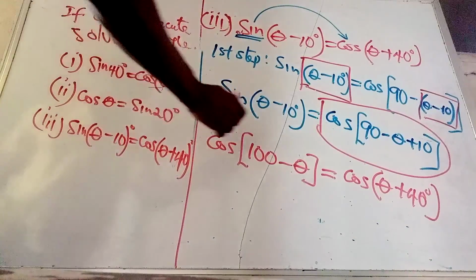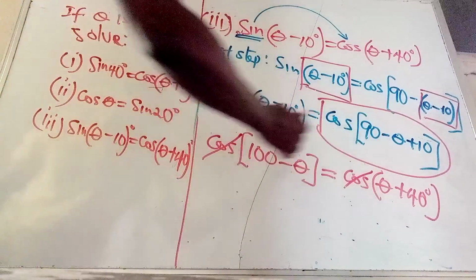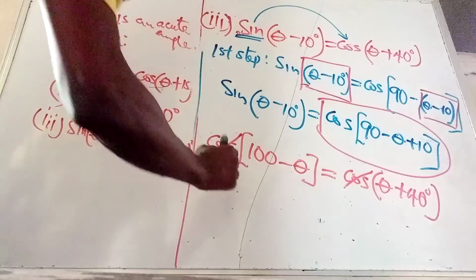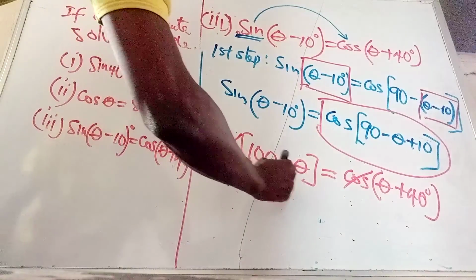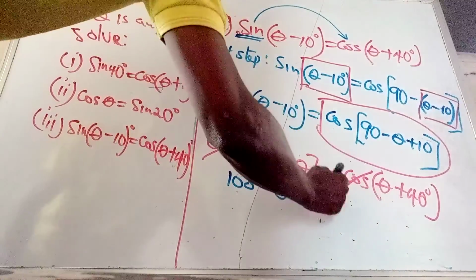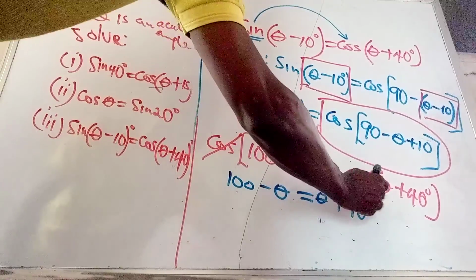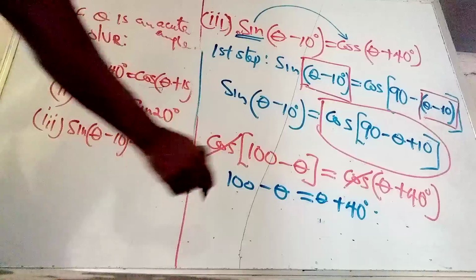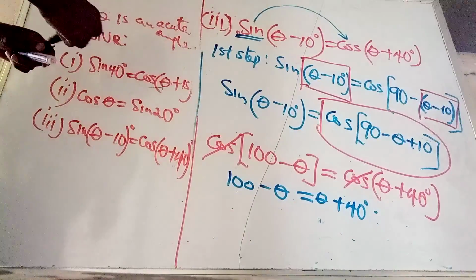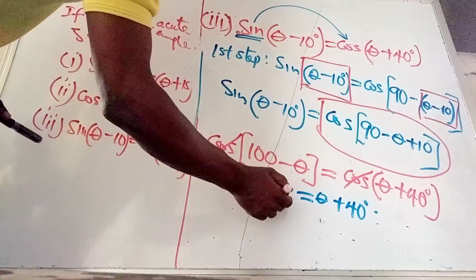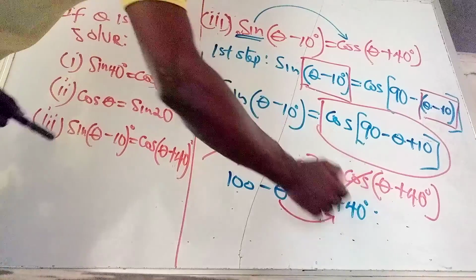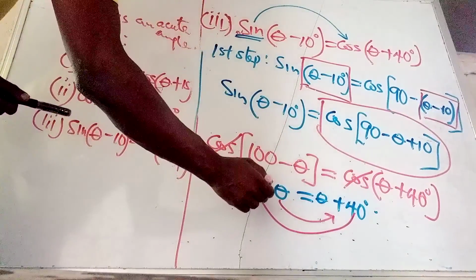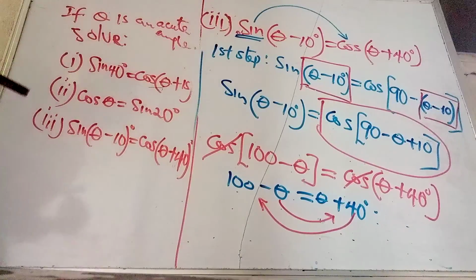Okay, cos we cancel cos. What do you have left? 100 minus theta equals theta plus 40 degrees. If you collect the terms of theta, if this theta comes here, this minus theta becomes positive, while this 40 comes here, it becomes negative.